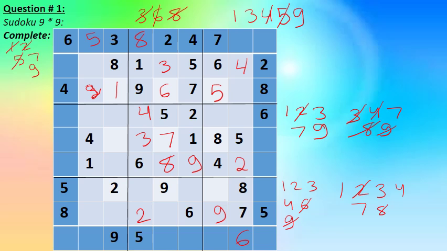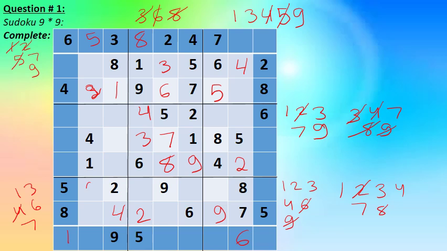We move to the next box. Okay, Ali, what is the next box missing? 1, 3. Okay. 1, which is under 8, we place 1. 3, 2 choices. 4, under 2 we write 4. 6, 1 choice.